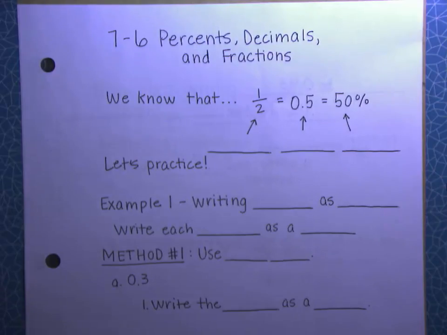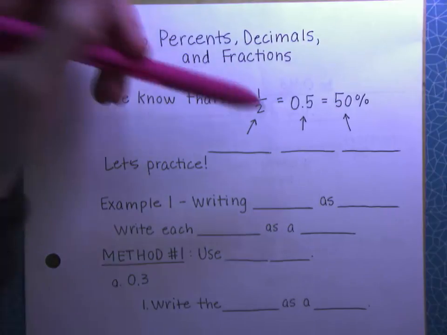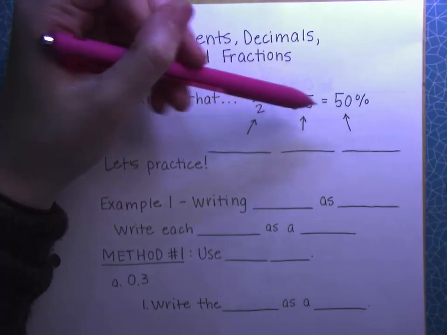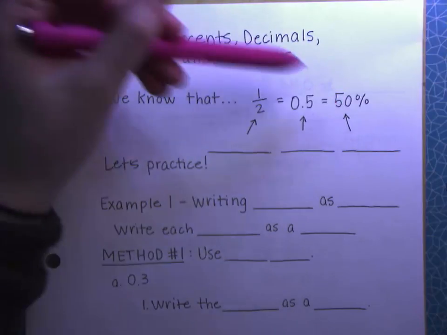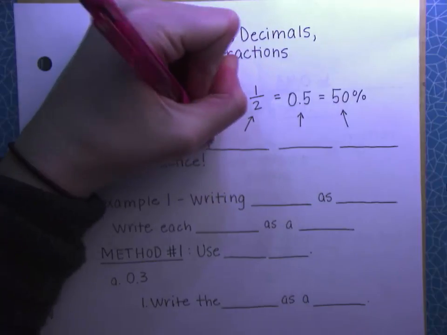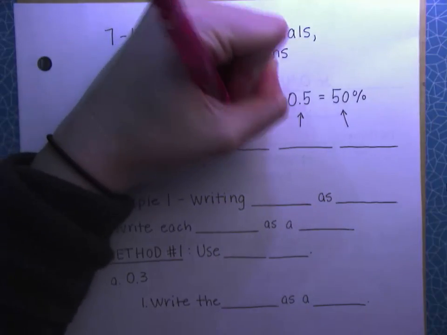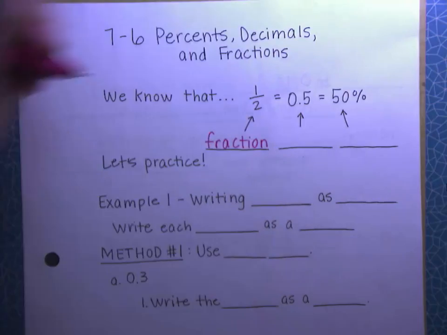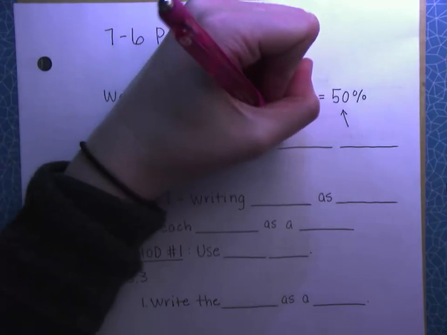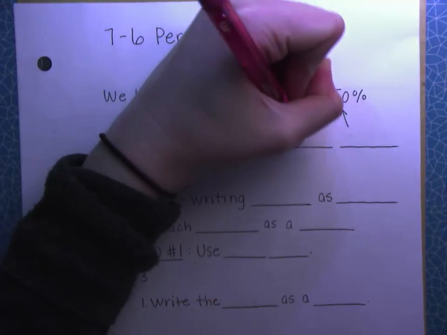So we know that 1 over 2, 1/2, 0.5, and 50% are really all saying the same thing. 1 over 2 is written as a fraction, same thing as 1/2. 0.5 is also a way of writing 1/2 as a decimal.